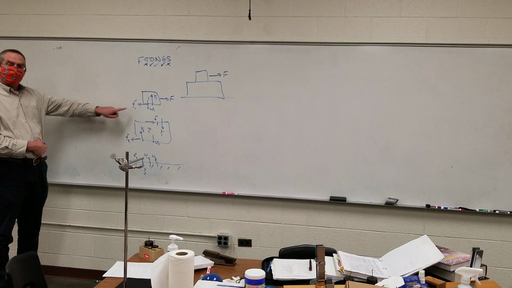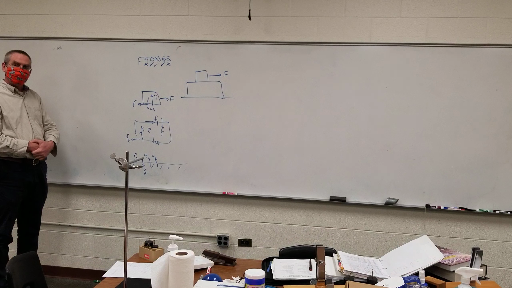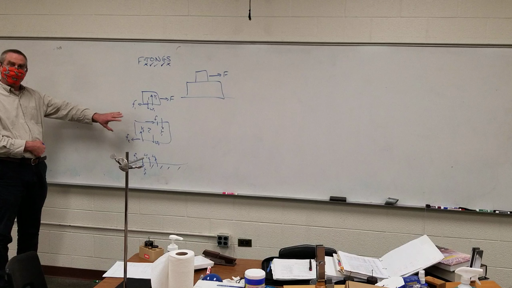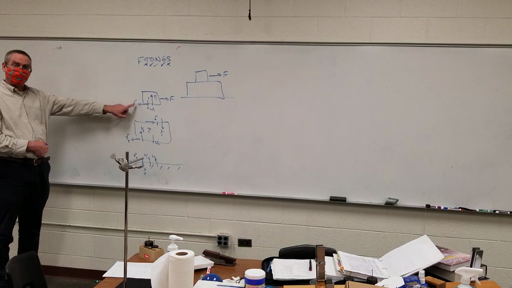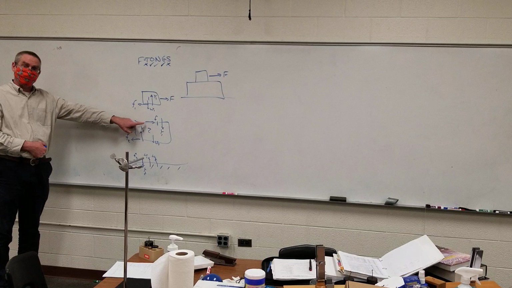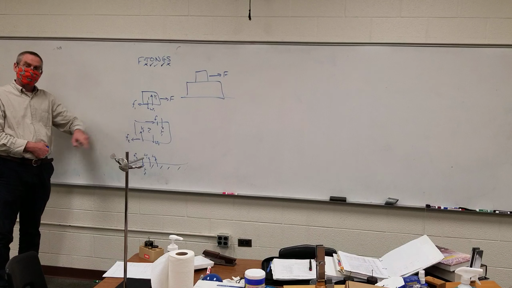So M1 has friction going left, so M2 has the friction going right. These are the forces acting on that object. This is the force acting on mass one, that's the force acting on mass two.